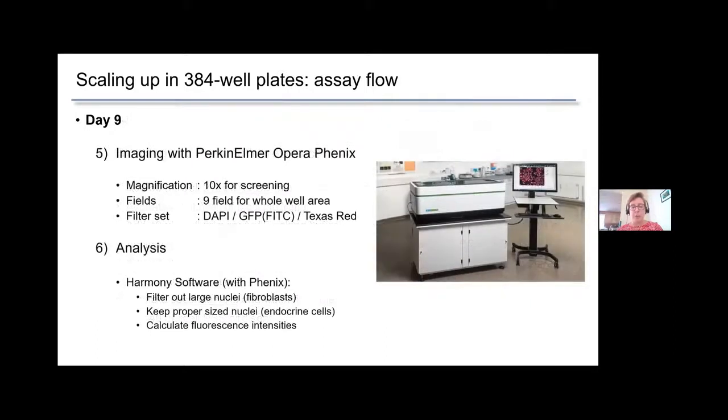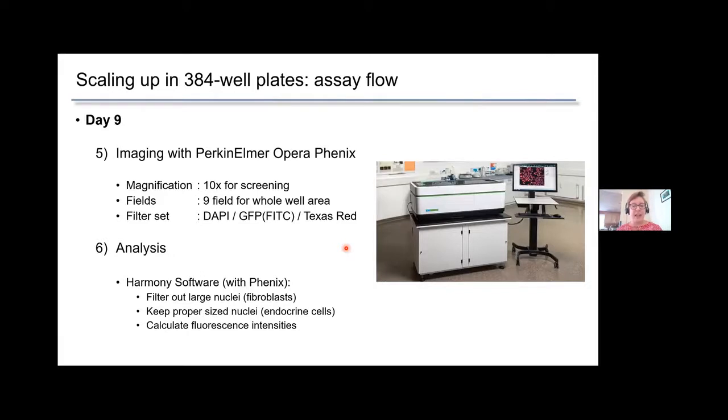For our imaging purposes, we use the PerkinElmer Opera Phoenix, but over the years, we've used many iterations of microscopes. So, I'm not going to say you must use this microscope at all, because I think any microscope will do. For us, because we're doing 3D 384-well based screening, an automated microscope was a must, though.